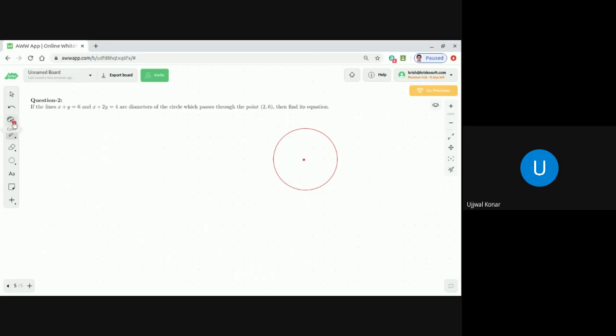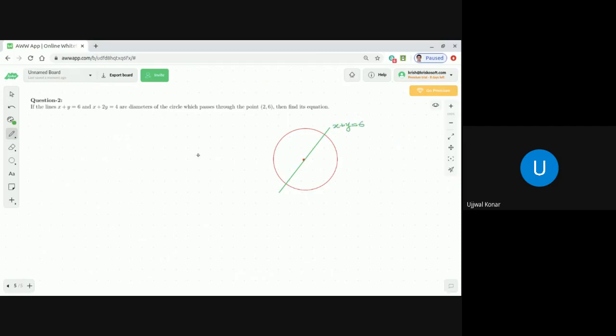For example, if we draw the first line x plus y equal to 6 in the green color, it will be something like this. So suppose this equation is x plus y is equal to 6.